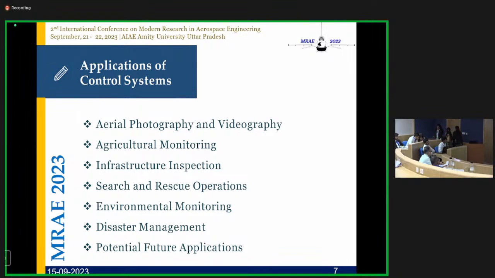Potential future applications. Review papers are normally very lengthy. If you do the work done by a large number of people, you need to dwell on the research done by each researcher in the past and give your comments. It is not merely collating the information that has been gathered by you, but you need to comment upon it.